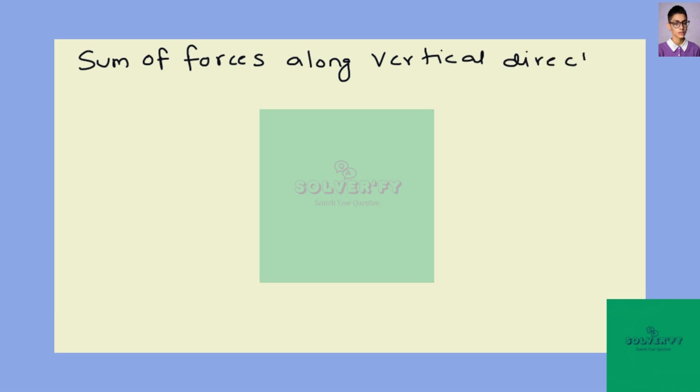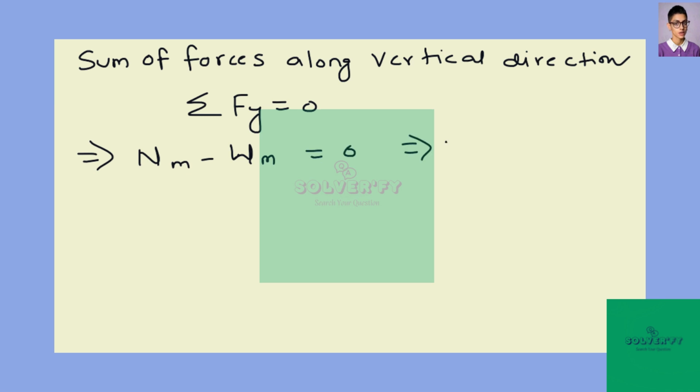Now we will write the equations. So sum of forces along vertical direction, summation of Fy is equal to 0. So Nm minus Wm is equal to 0.